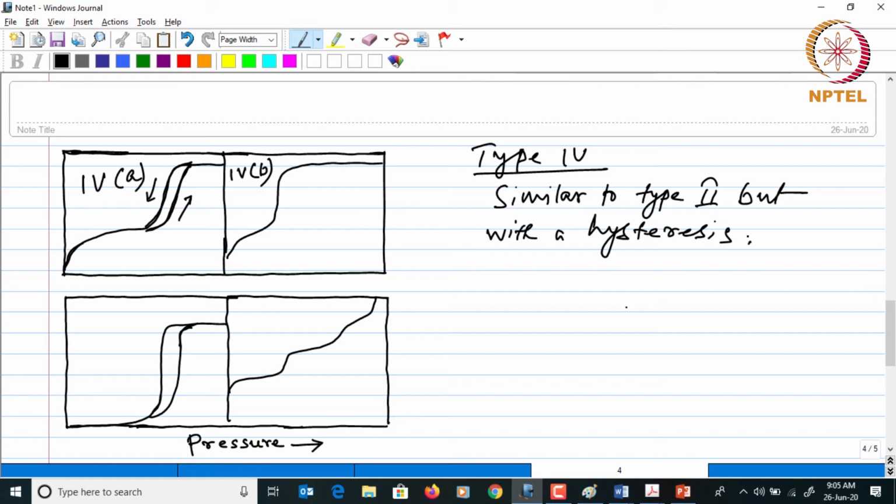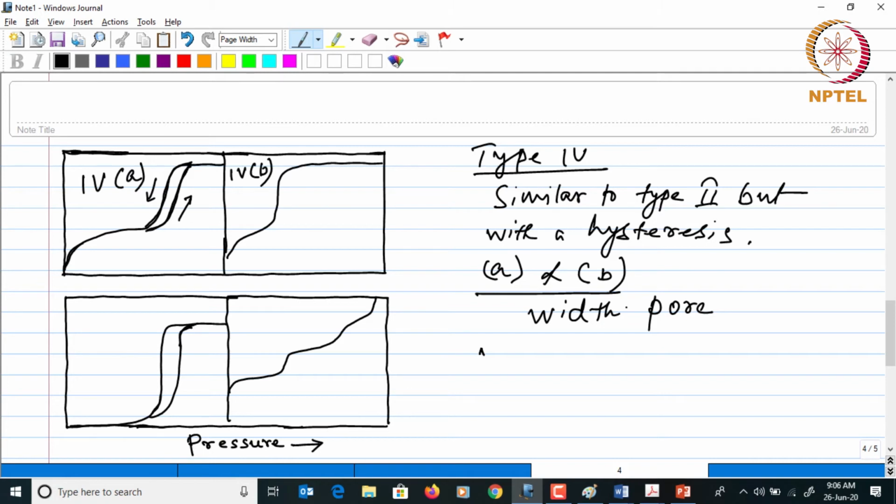And these two types, A and B, are basically related to the width of the pore present on the surface of the adsorbent.